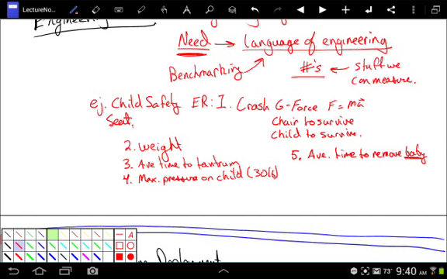So if you're in a car crash and the car's on fire, it takes longer to remove a child. But we have 5-point harnesses to prevent the child from wiggling out of the car seat. So it's kind of interesting. So that's the safety one. Six, we care about the parents' quality of life. They want a fast average time to install baby. Clearly I do not have a child.